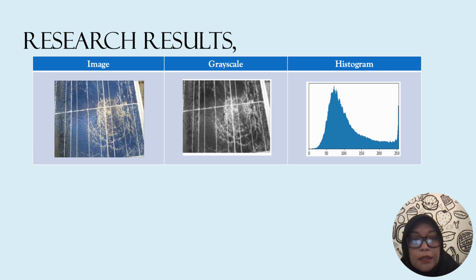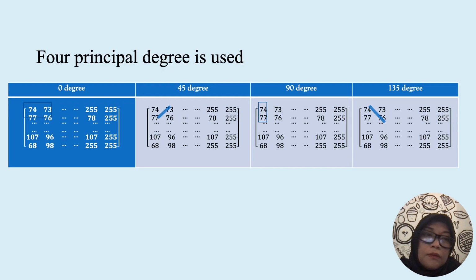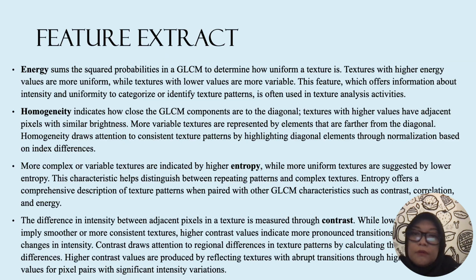The real image is changed to grayscale image. Then we can get the histogram for the image. The principal degrees used are 0 degree, 45 degree, 90 degree, and 135 degree.